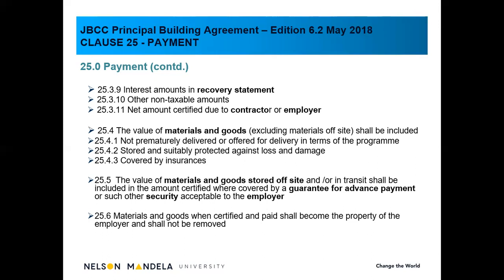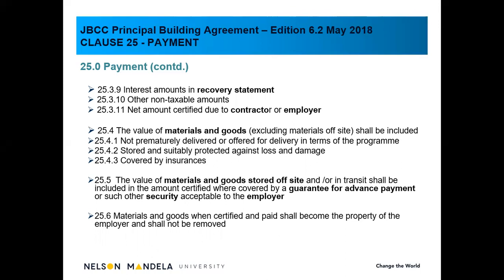Clause 25.4, the value of materials and goods, excluding materials off-site. Remember, there's two blocks on the JBCC certificate. You're going to insert the amount for material on-site as well as off-site. In other words, it's somewhere in a store. The materials and goods shall be included. Good, we have to pay the contractor for the materials on site, and remember, you've also added escalation onto that.